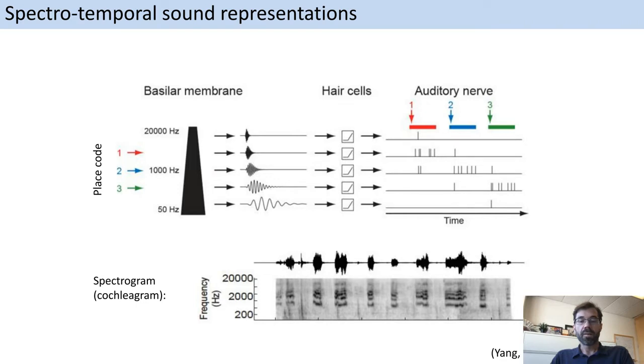So you can model this peripheral activity as what's called the sound spectrogram, which is shown at the bottom here, where each row shows the level of activation in response to a sound at a different frequency. And as you can see with this example segment of speech, natural sounds contain complex spectral patterns. And the job of the auditory system is to recognize and discriminate these patterns that have different behavioral meanings.